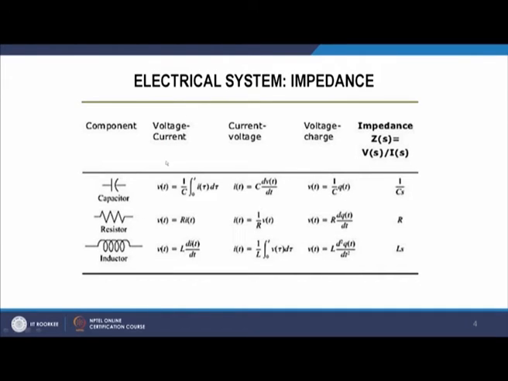The voltage-current relationship for these three elements, capacitor, resistor and inductor, the current-voltage relationship, and then the voltage-charge relationship, and then impedance. So impedance is Vs upon Is. For capacitor it is 1 by Cs, for resistor it is R, and for inductor it is Ls.